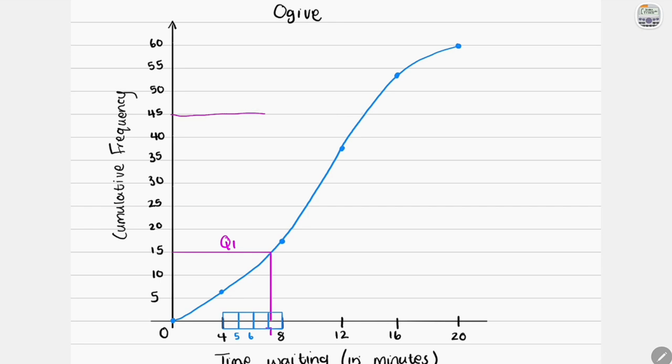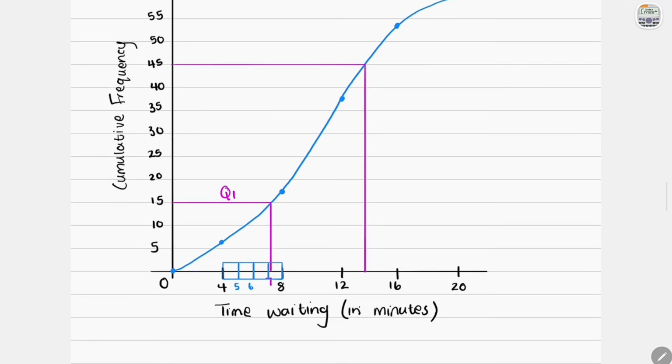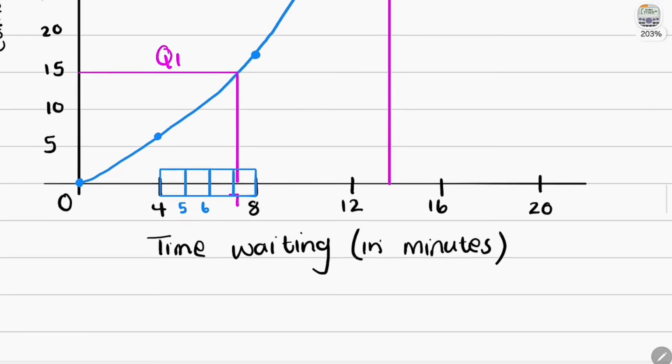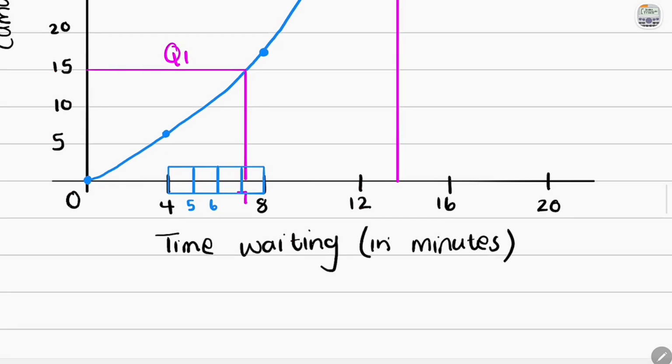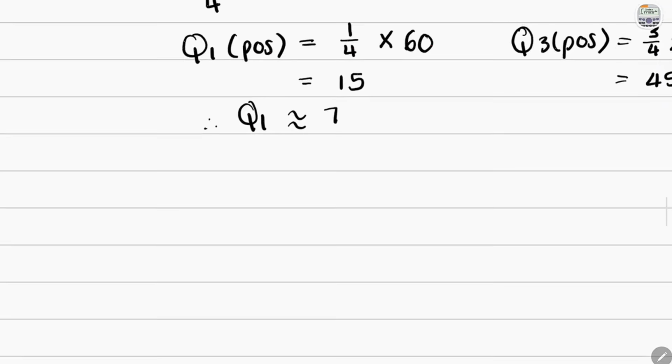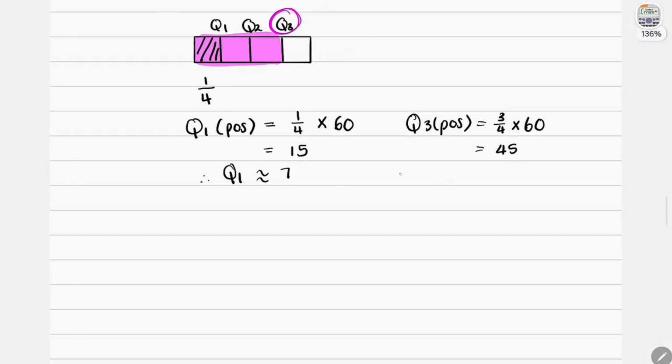Just try to make sure it's as straight as possible. On grid paper, it would be so much better. Okay, so I'm going to see that as, it doesn't really look like it's 13. It looks like it's 13 point something. So maybe 13.5 roundabout. Okay, so go ahead and say that Q3 is approximately 13.5.